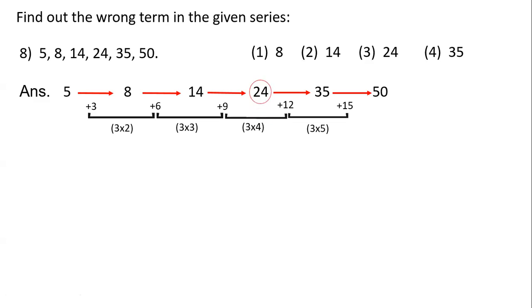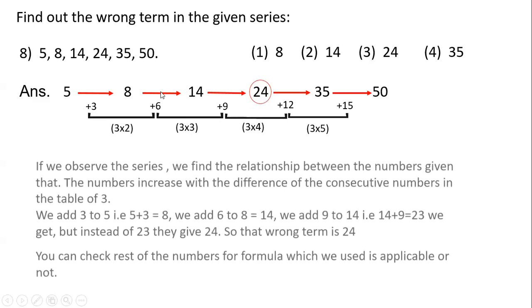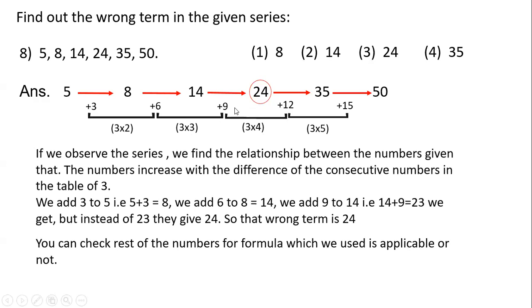But if we observe here, 14 plus 9 should be 23, but they give us 24, so 24 is a wrong term. And if we add 12 to 23, we get 35.